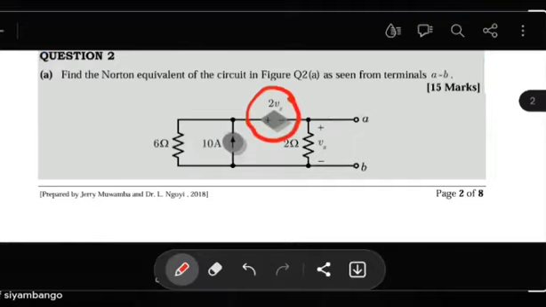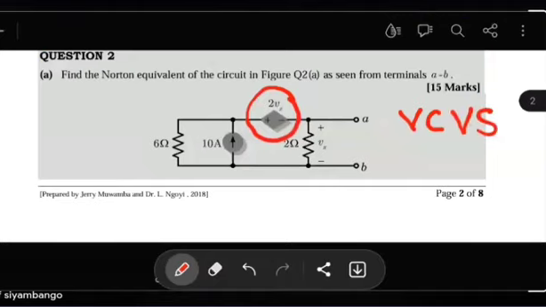Yes. VCVS. Yes. So this is a voltage controlled voltage source.